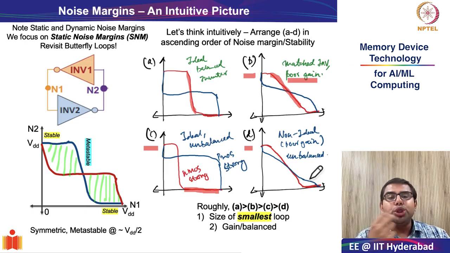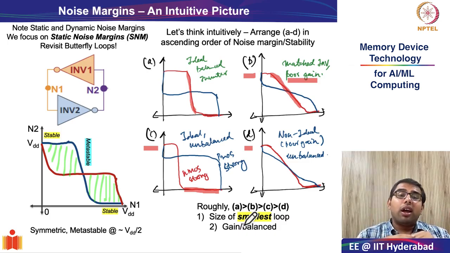If you have done a good job at intuitively grasping the concept of noise margin, you would have thought that the size of the smallest loop is what contributes to the noise margin. Why do I say that?